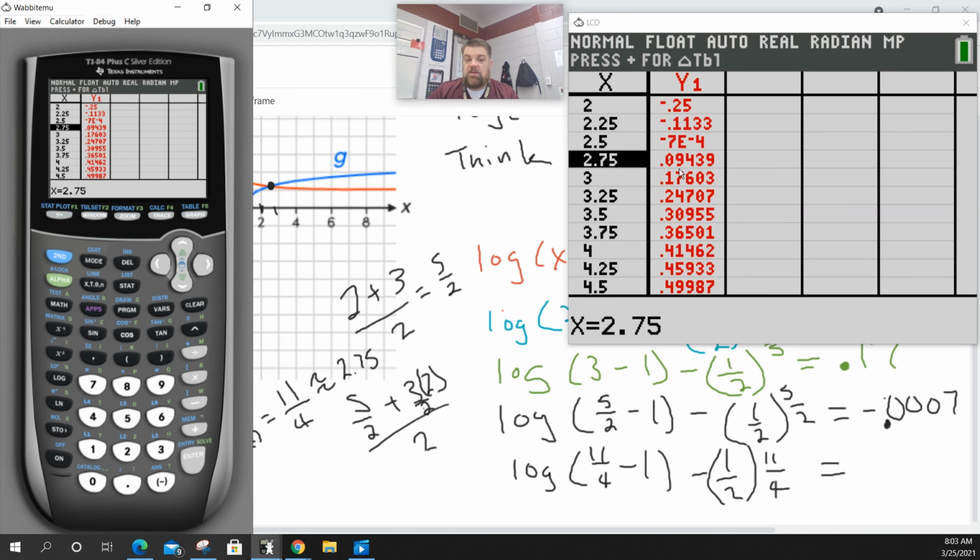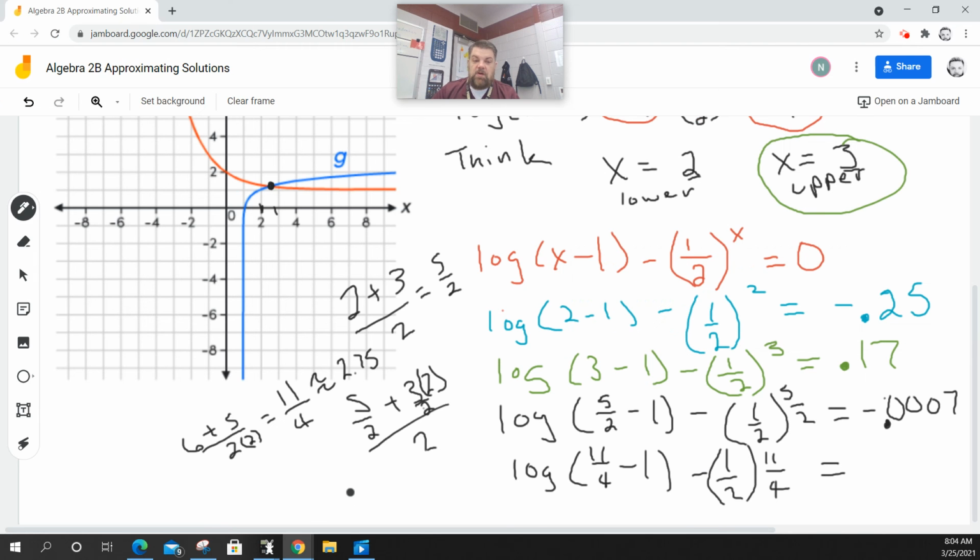Okay. So now this is the weird part, I'm going to take my lower boundary, which is, I'm running out of room, 5/2, and I'm going to take the average of that plus the 11/4.